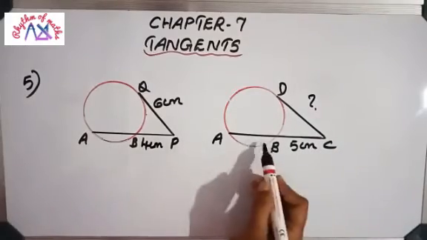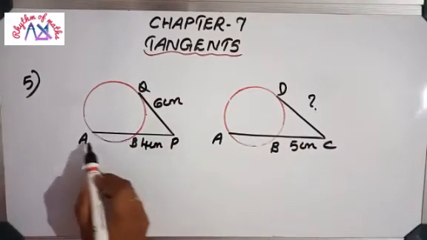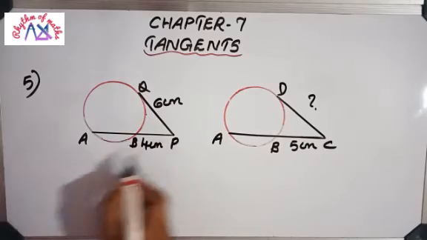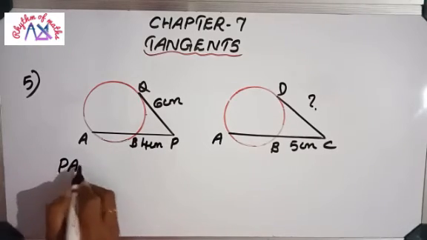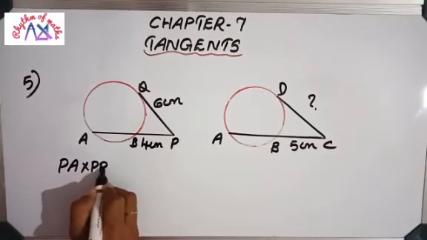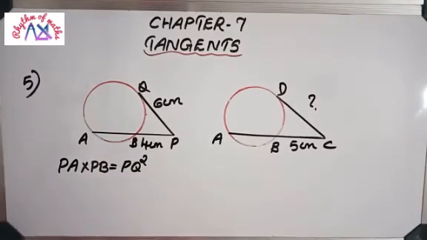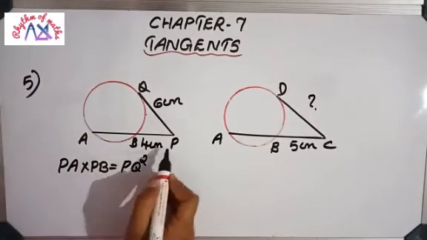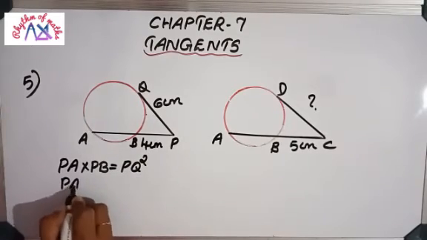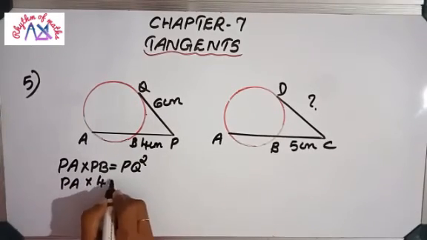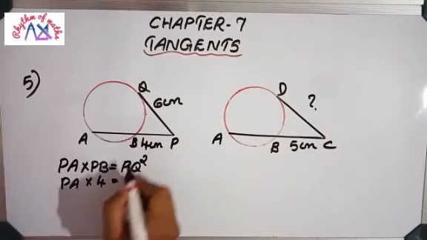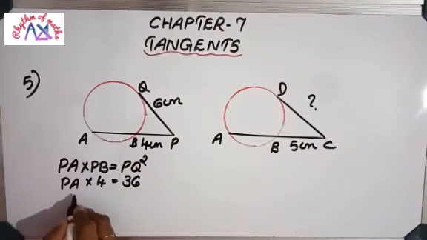This AB is common. So from the first one we can find this line AB. How? By using the concept PA into PB equal to PQ square. Here PA we don't know, PB we have 4 centimeter. So PA into 4 equal to PQ square, that is 6 square, 36.